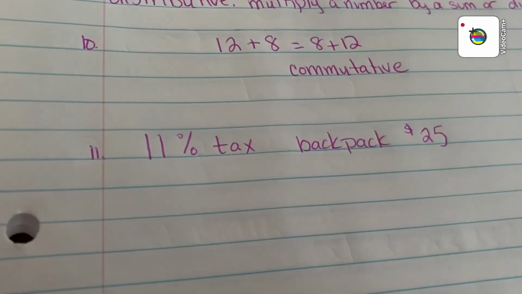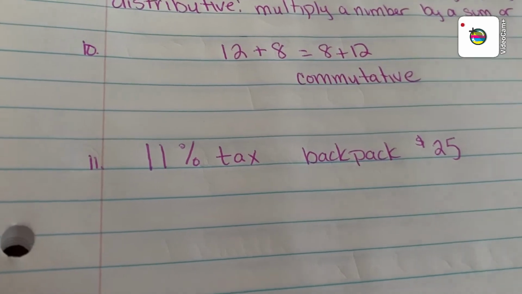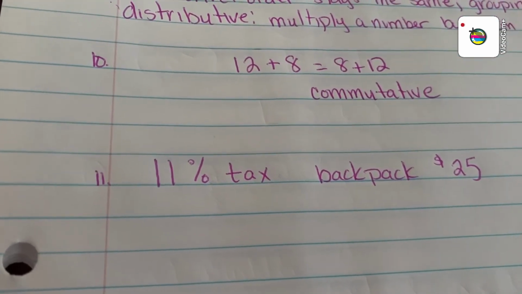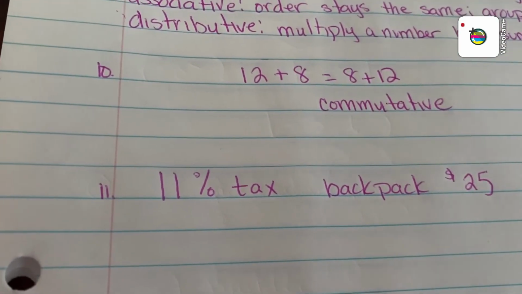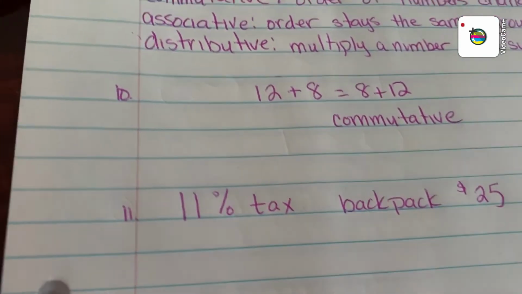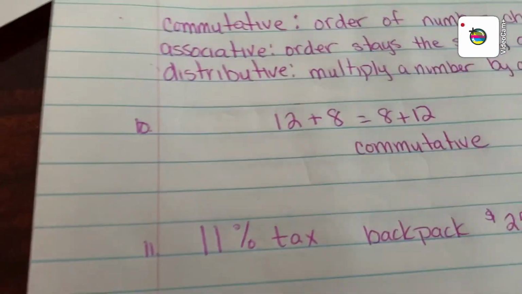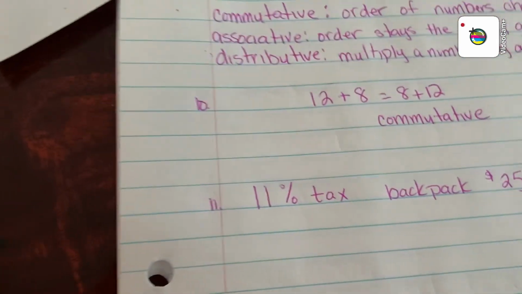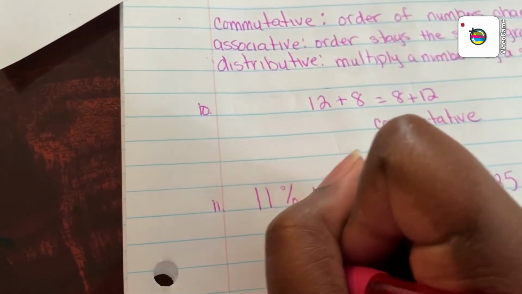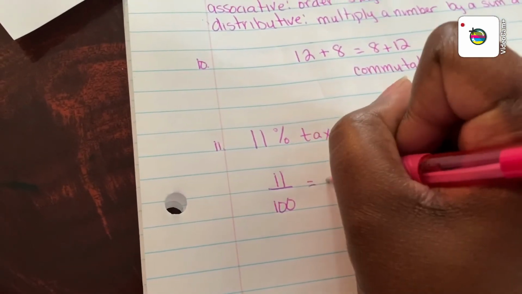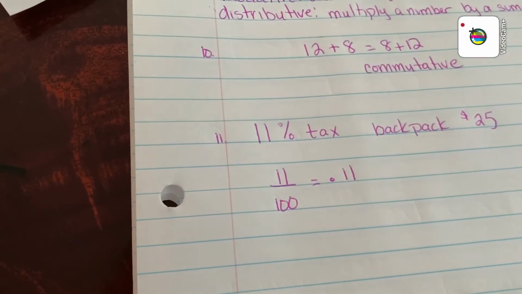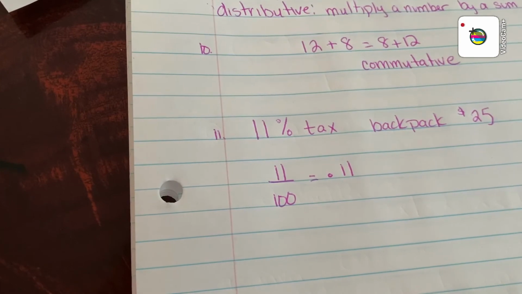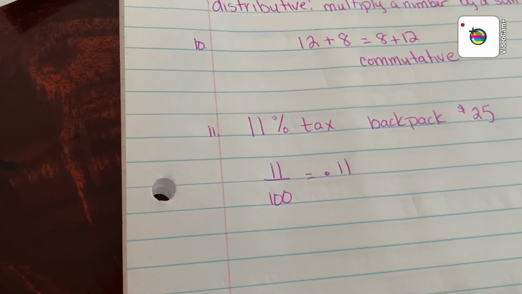So because you are going to pick up that calculator, the first thing I want to show you is how to convert a percent to a decimal. And you do that simply by dividing the percent by 100 or moving your decimal 2 places to the left. So I'm going to say 11 divided by 100 equals 0.11.